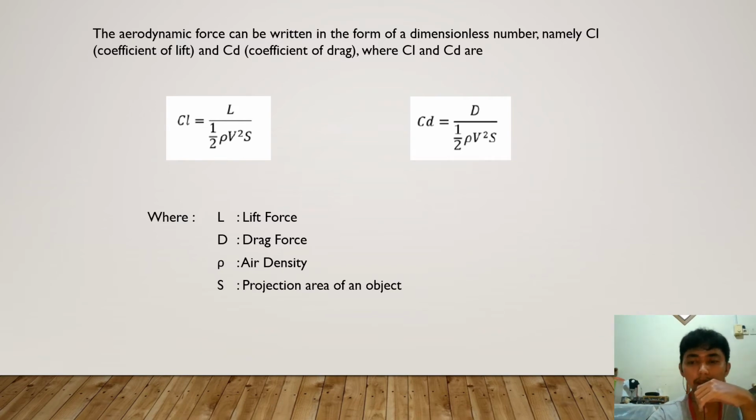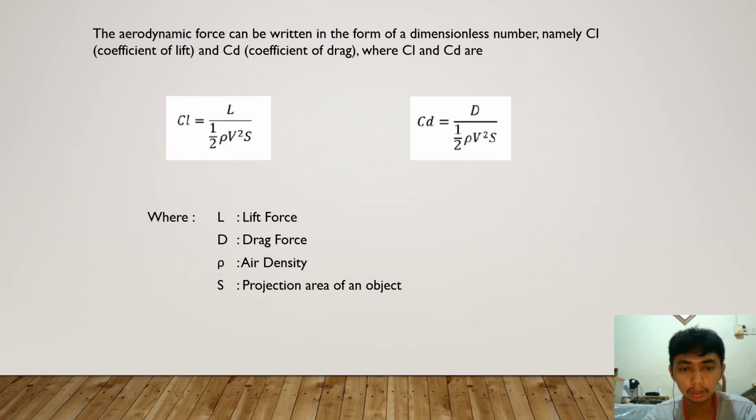So basically these two dimensionless numbers are the force divided by dynamic pressure, where L is the total lift force acting on a solid body, and then drag force is the same, the total drag acting on the object.